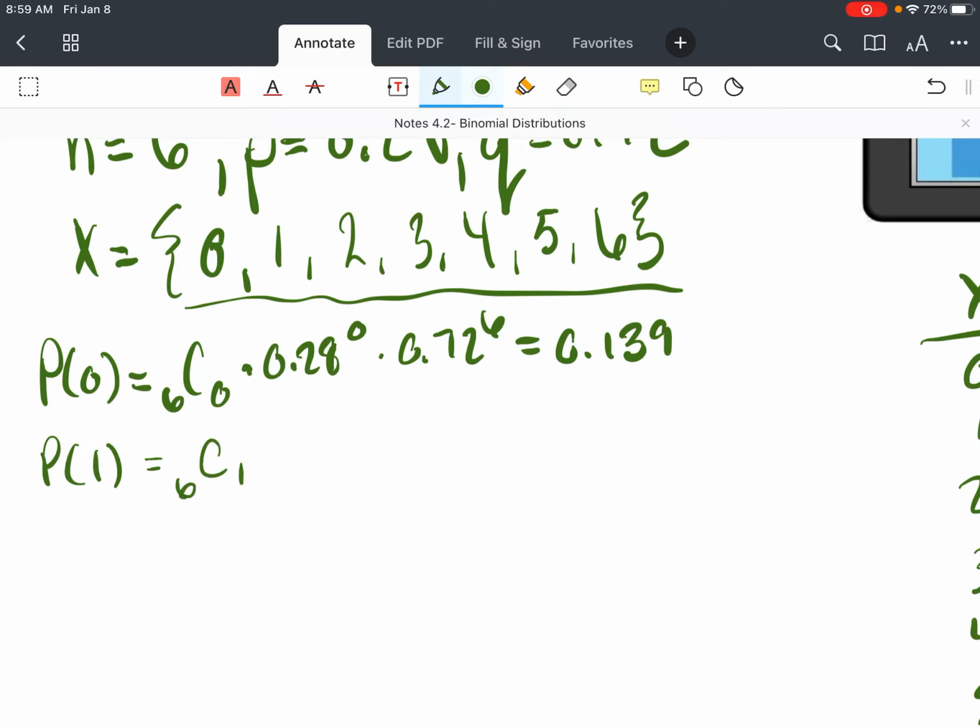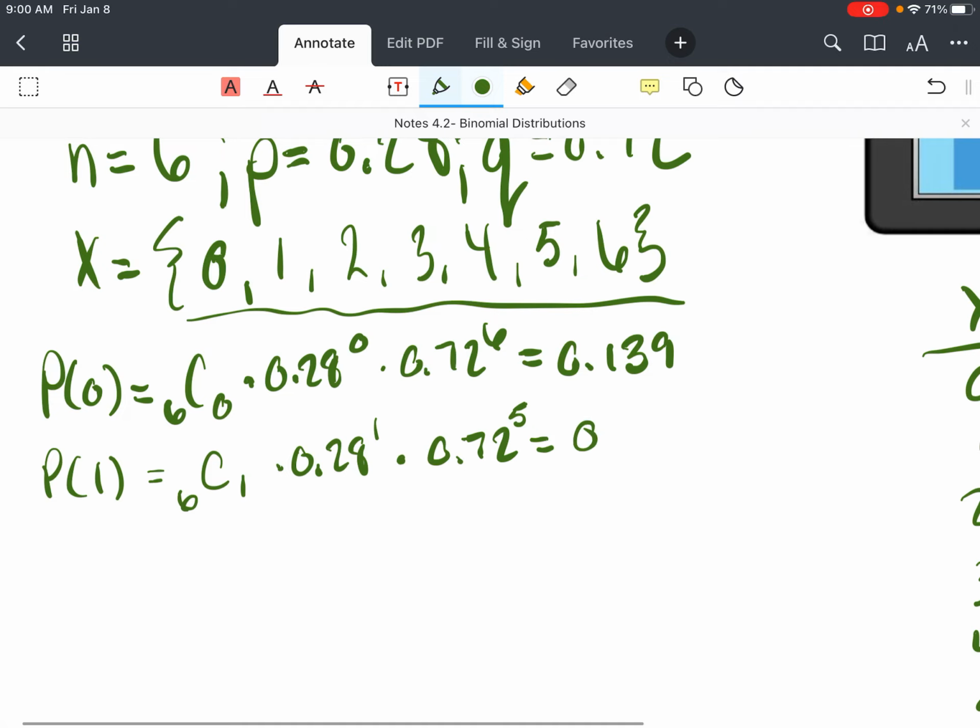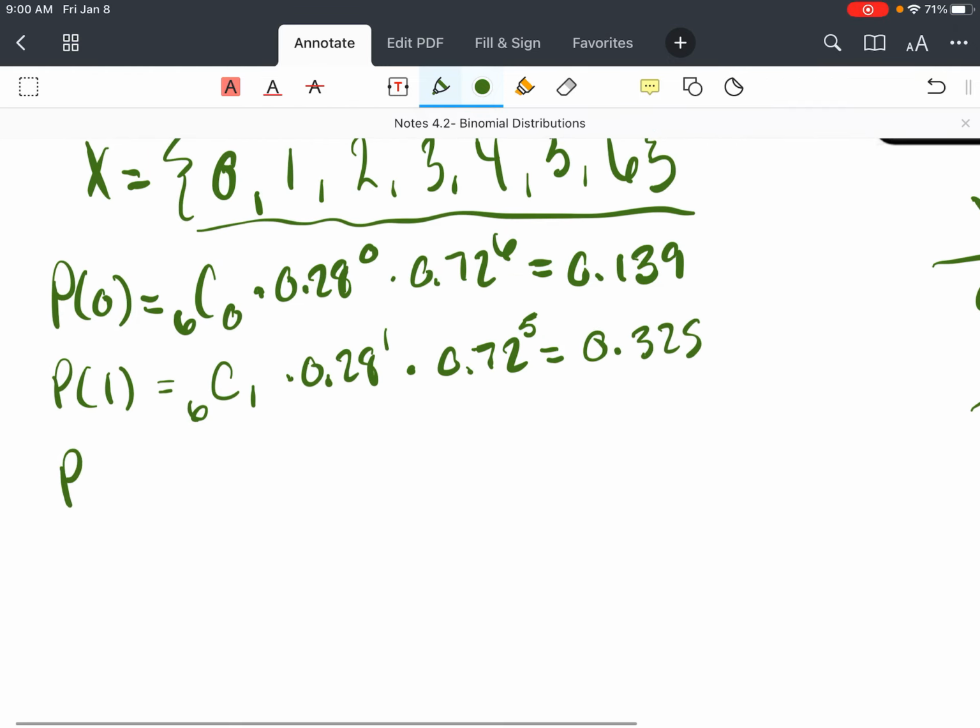Then we get P(1) would be 6C1 times 0.28 raised to the first power times 0.72 raised to the, now we're subtracting 1 from 6, so we get the fifth power, which gives us 0.325.